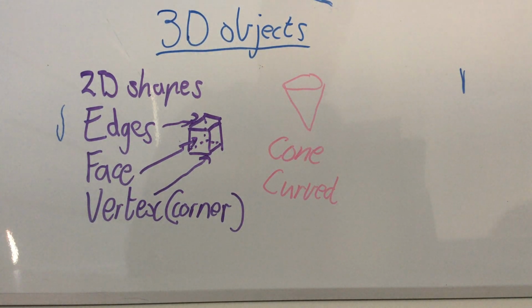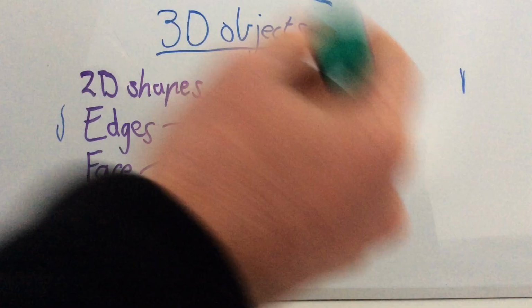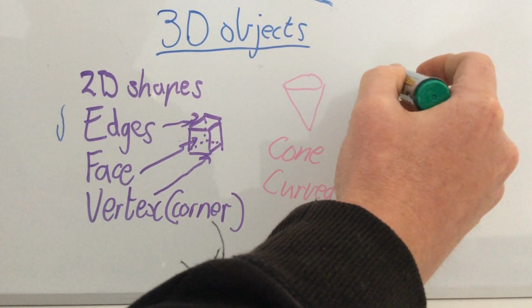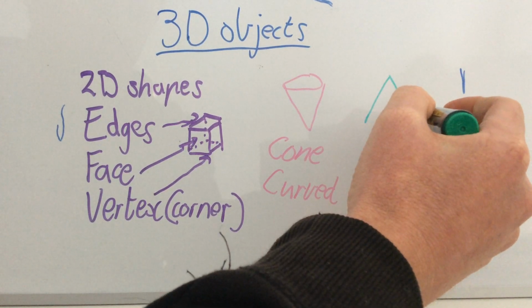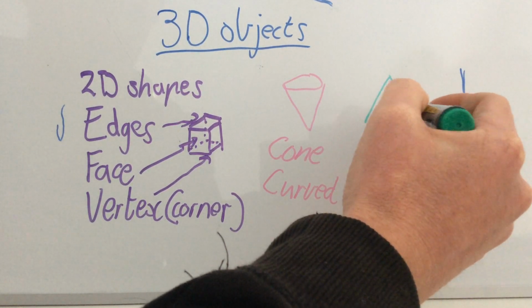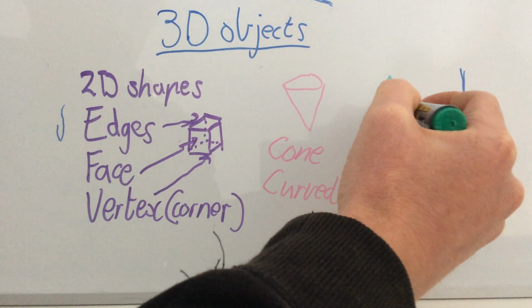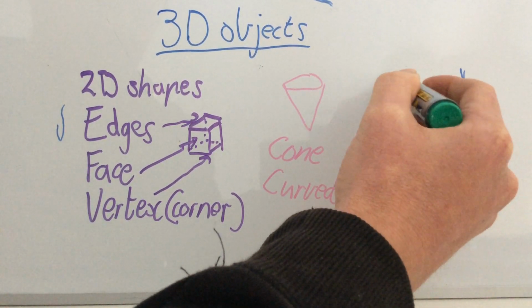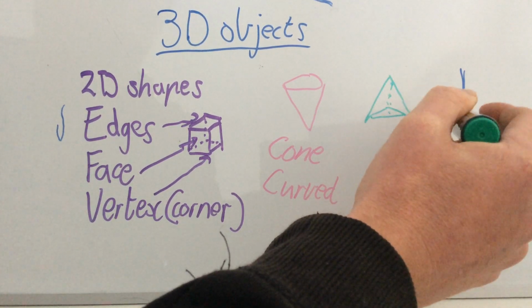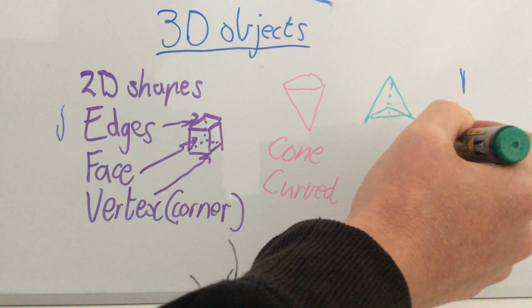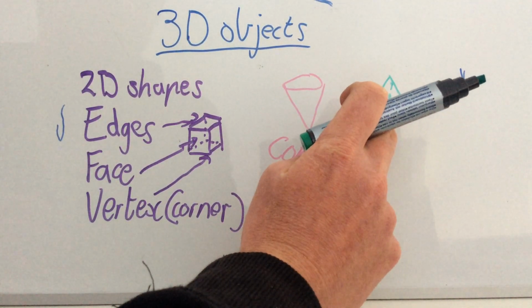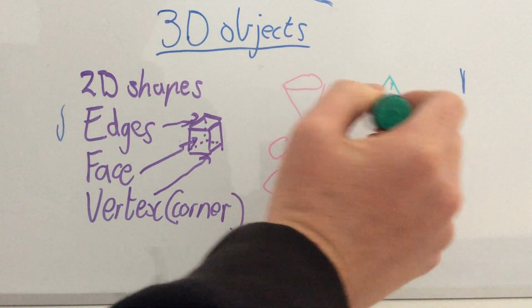And then we also have what we would call, I wonder how I can draw this 3D. Not the best one, but it is meant to be a pyramid. That's a triangular base pyramid. So it probably helps if I do this one. There we go.